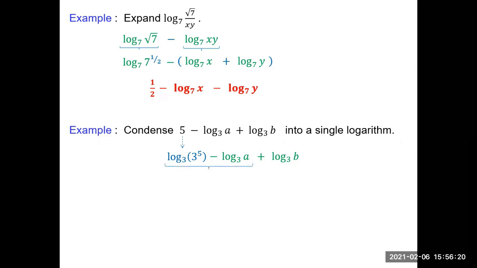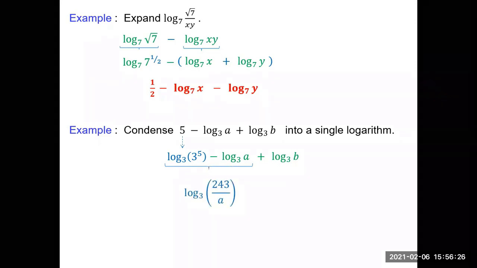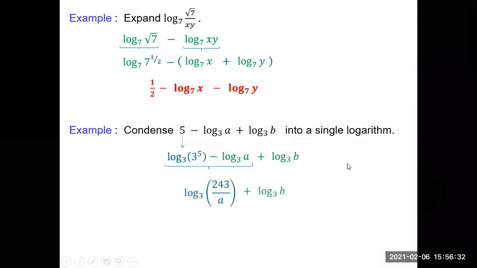So let's start off by dividing the two arguments, since I'm subtracting these logarithms, which would give me log base 3 of 243 divided by A. And we drop down the next logarithm. Now that we have a logarithm plus another logarithm, this is where we can merge them by multiplying the arguments.